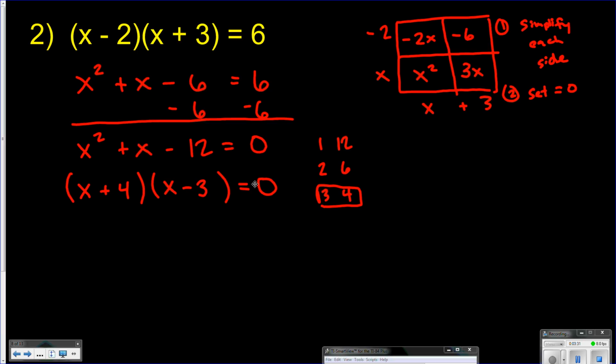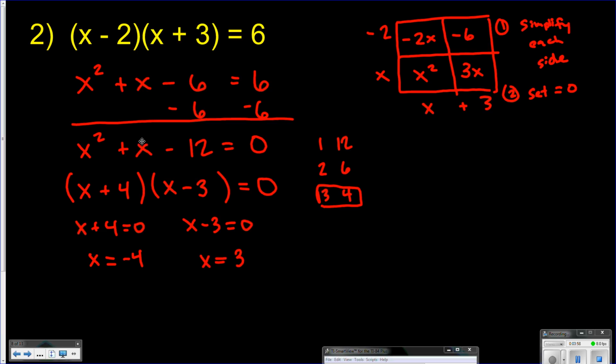Now let's set each of those equal to 0. X plus 4 needs to equal 0, or x minus 3 needs to equal 0 because we have the 0 product property. If one of these two quantities equals 0, then the product will be 0. So we get x equals negative 4, or x equals 3.